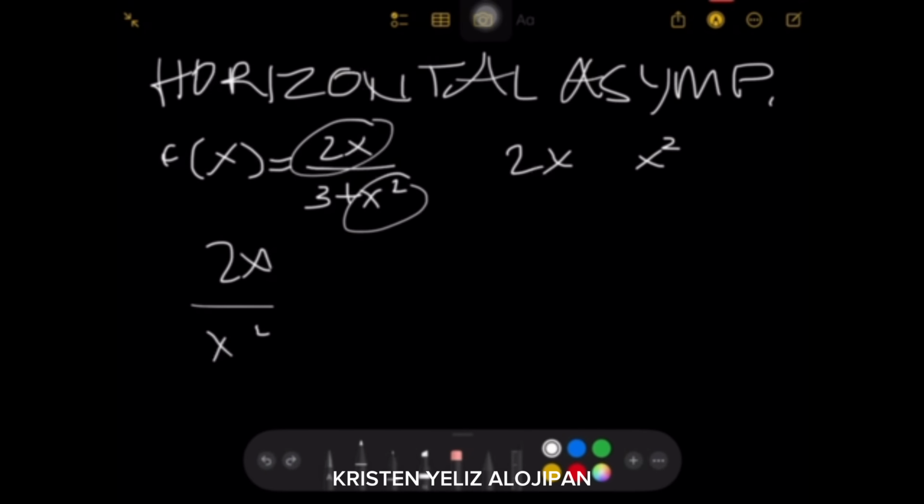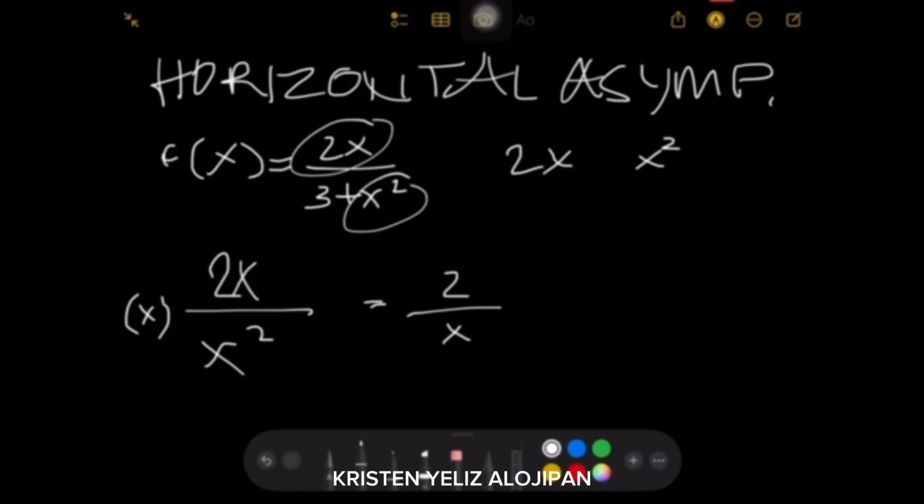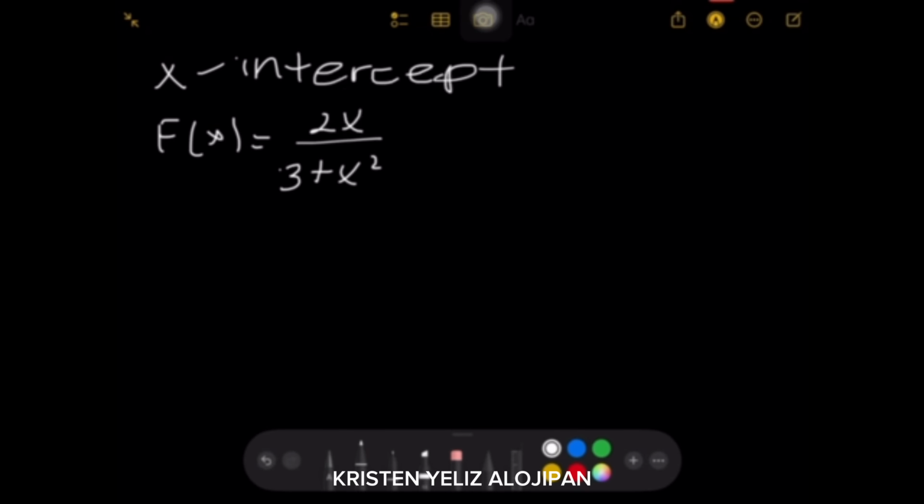So we do 2x over x squared, now we divide both by x, so 2 over x. And this isn't really a solution or anything like that. So basically our horizontal asymptote is 0.